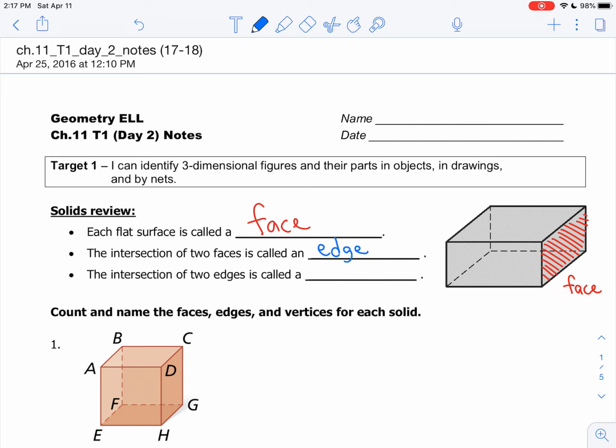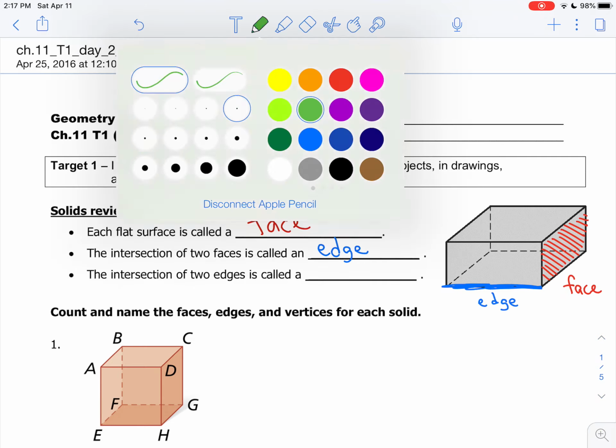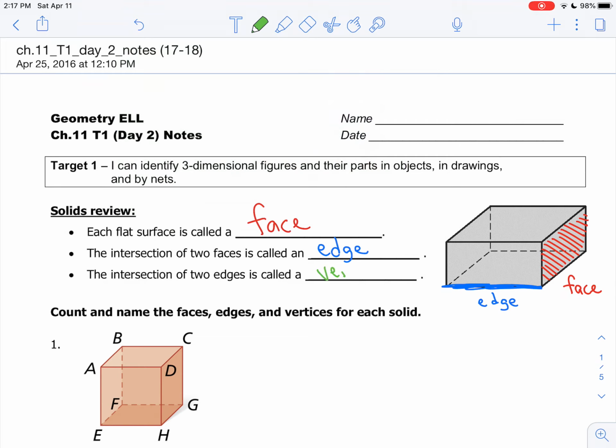An edge is a segment. And the intersection of 2 edges is a vertex. So we got some practice counting all those things. A vertex is a point. So let's call that vertex.